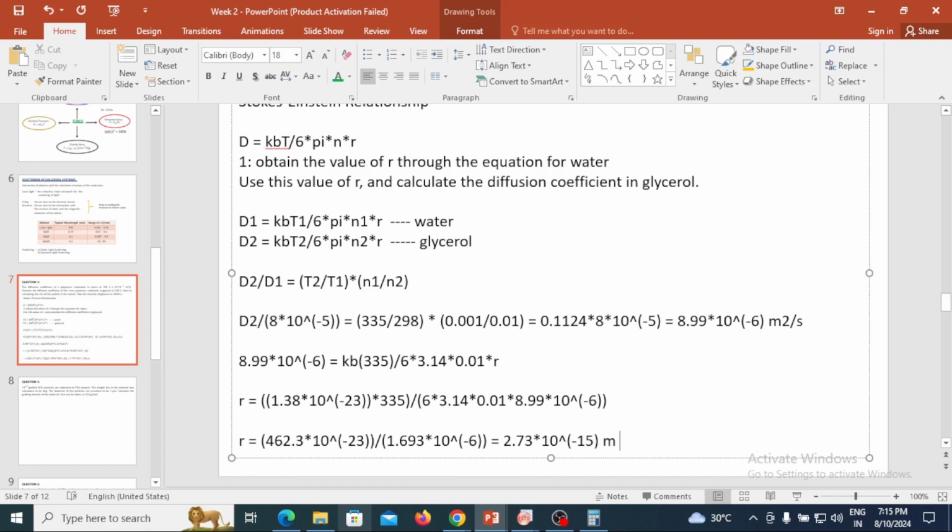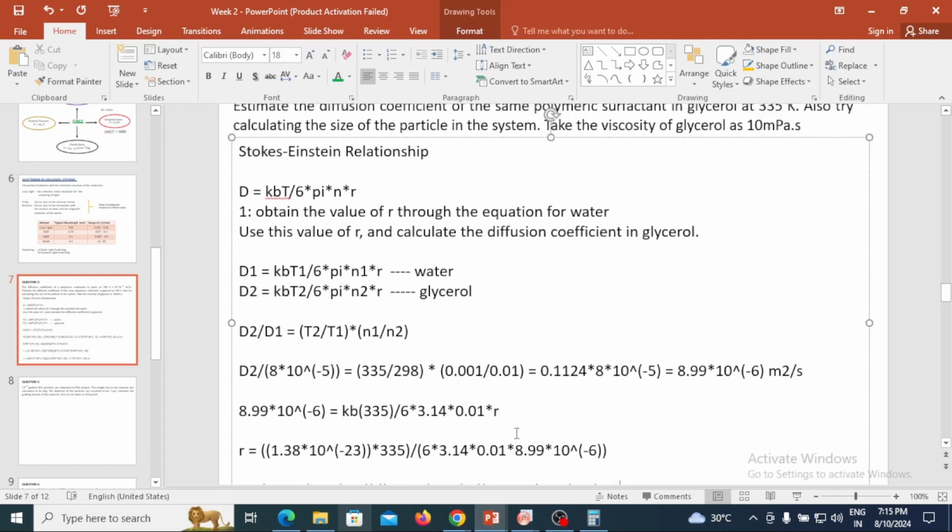Again, here the value of R is small because the values that we took here are just for practice purpose, so you need not worry about those. So this is how you will calculate the diffusion coefficient of a polymeric surfactant in another solvent and another temperature, and then how you use the value of D to calculate the value of R, that is your size of the particle in the system.